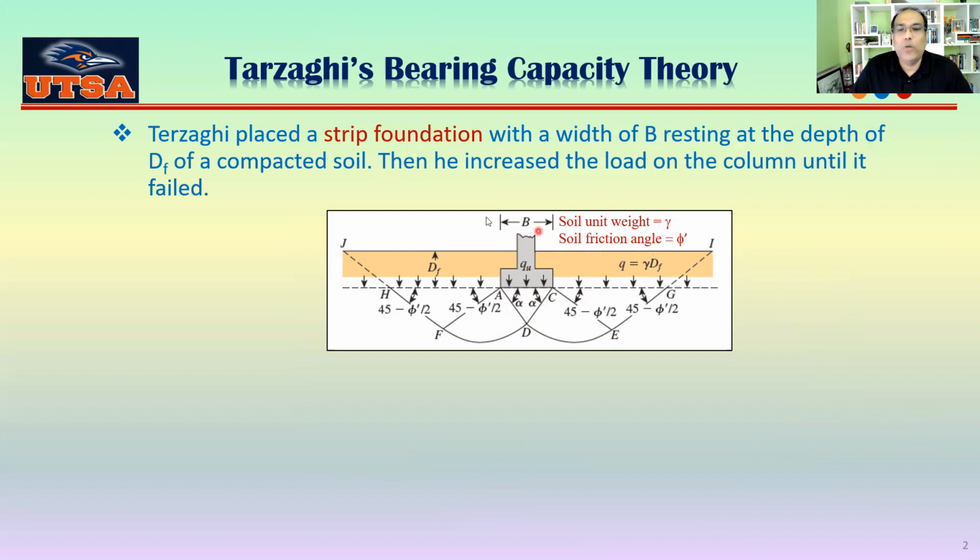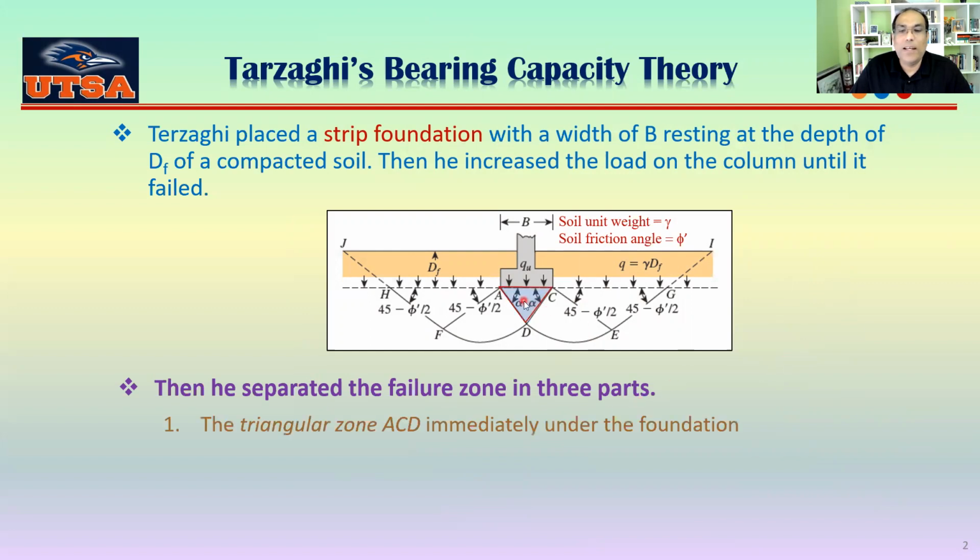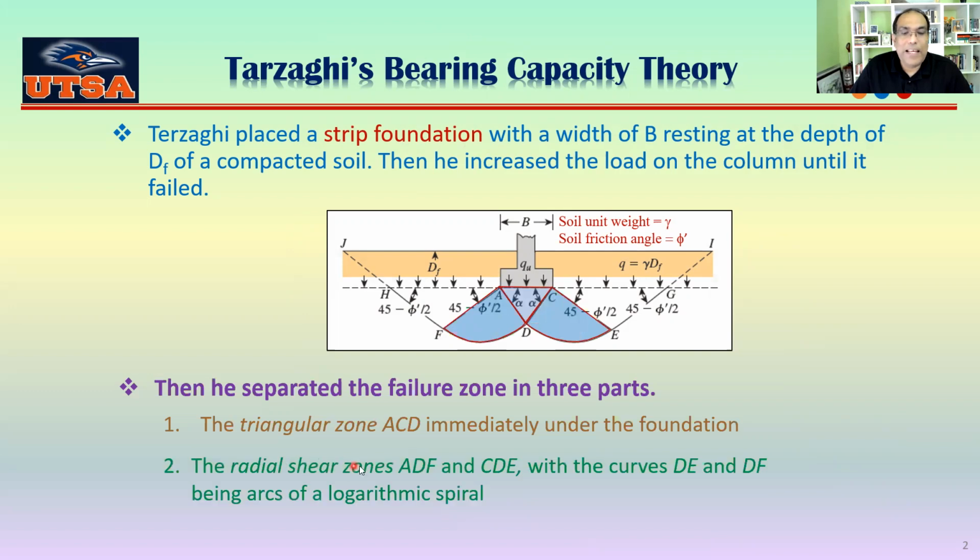Then he tried to show that here, and you can see that he separated the failure zone into three different parts. First, there is a triangular ACD area, and then he saw two radial shear zones, ADF and CDE.